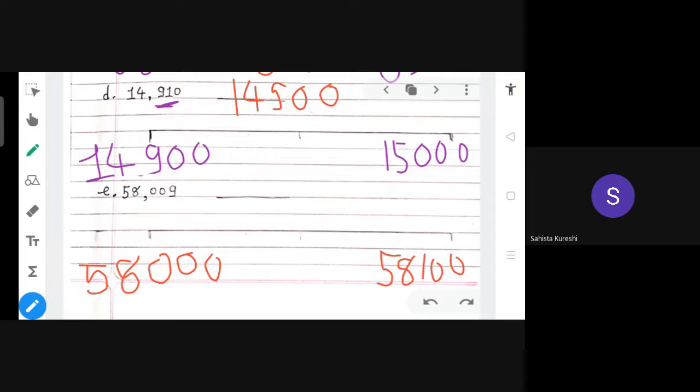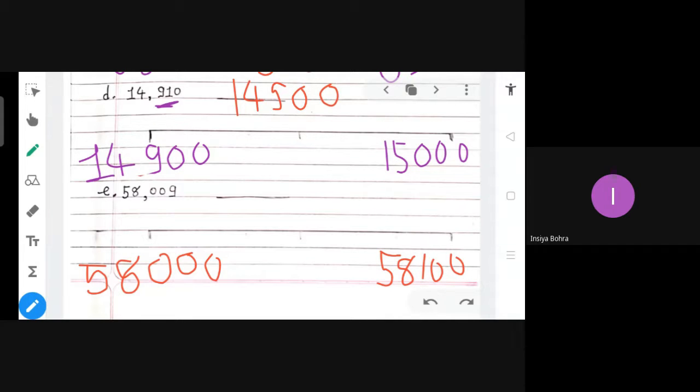Any other answers, any girl? Who knows what is the right answer? Is this number close to this one or this one? Ma'am, can I say? I'm just counting how many girls know the answer.